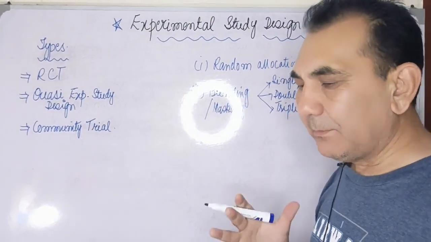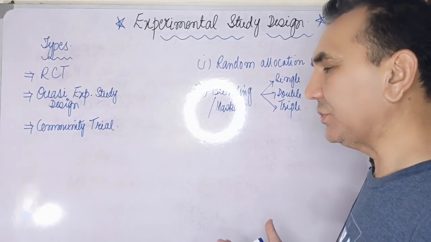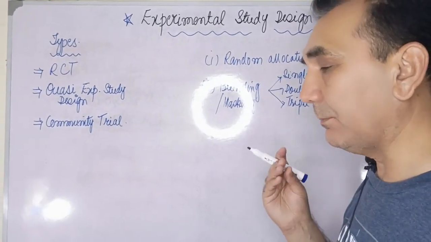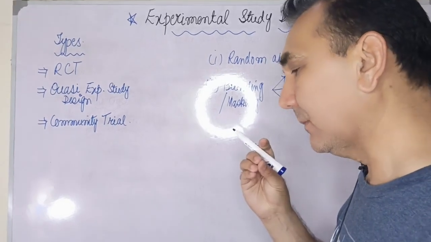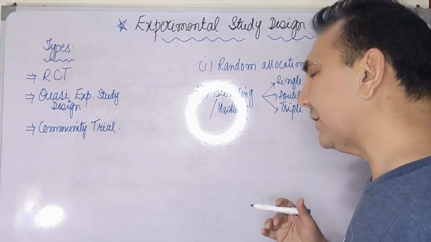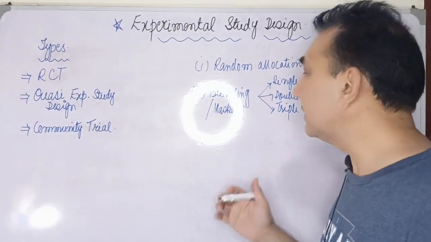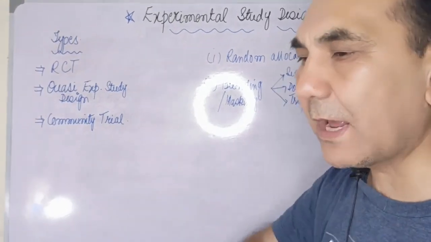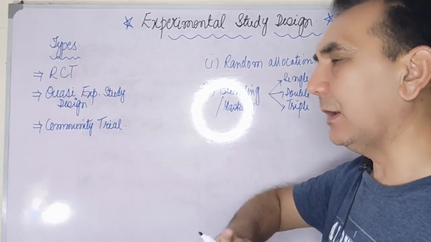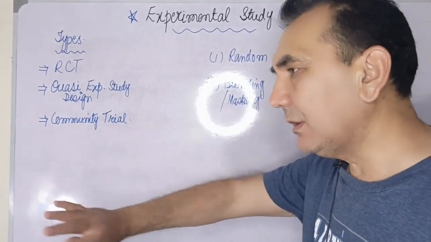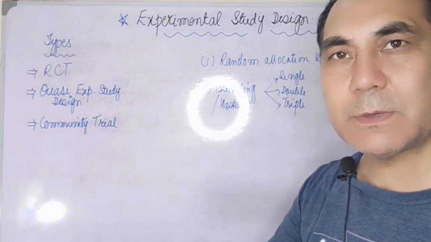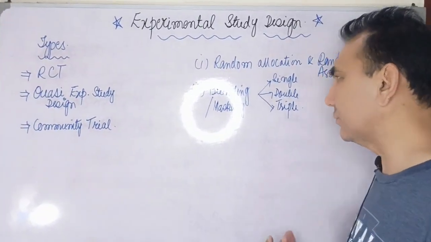Blinding is the method by which the participant, the data collector or drug administrator, and the funding agency don't know what type of drugs, treatment or intervention is given to the intervention group or the control group, or even which is the experiment group and which is the control group.